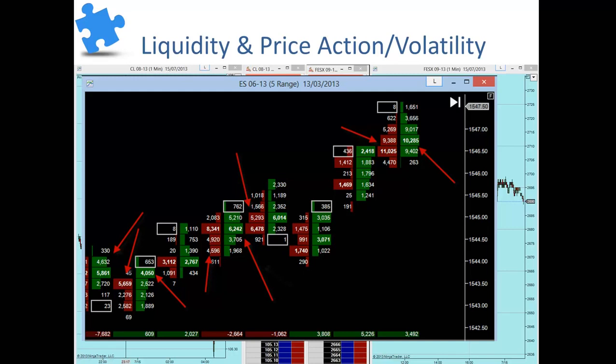So anyway, when liquidity changes, you can do one of a number of things. First of all, you can adjust to the volatility. And that means your trade size changes and your targets and stops change as well. Okay, that's one option. Another option you have is to not trade.